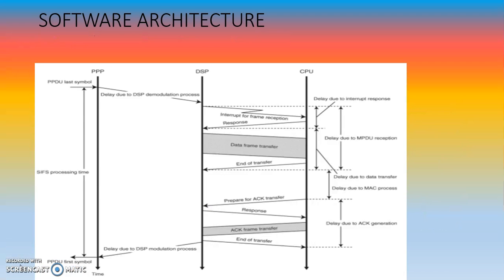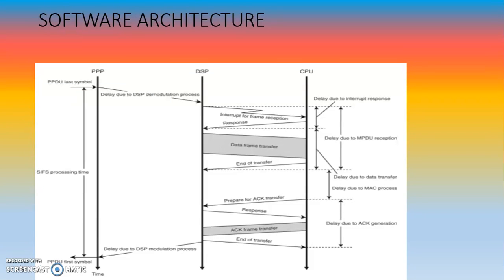You can see this diagram. It shows the delay time elements of the SIFS process. We can see the three categories, PPP, DSP and CPU, which I mentioned earlier. Here the symbols can be processed within the SIFS processing time. We have to process from the PPDU first symbol to the PPDU last symbol.